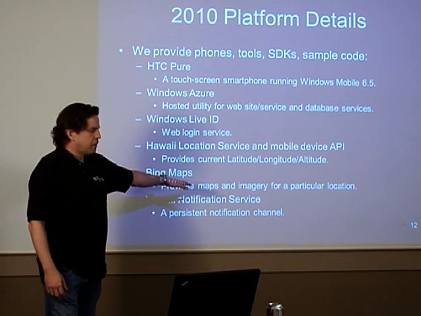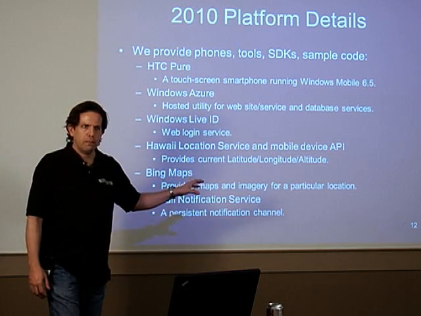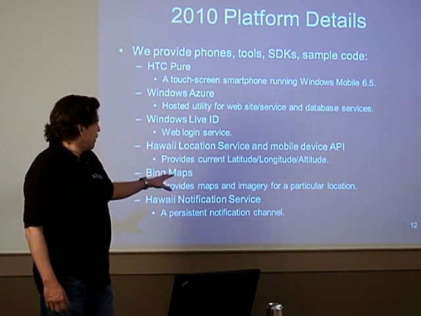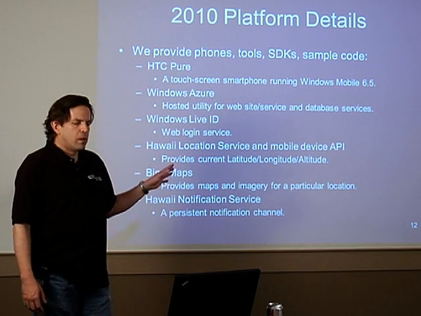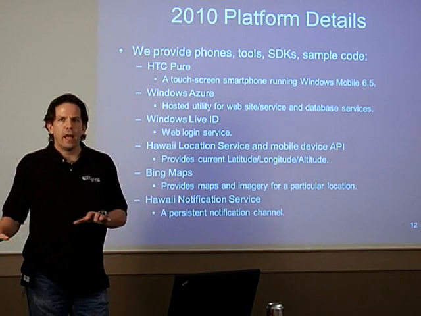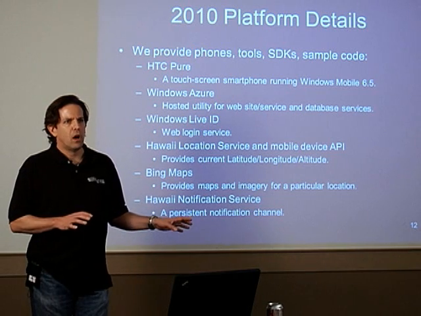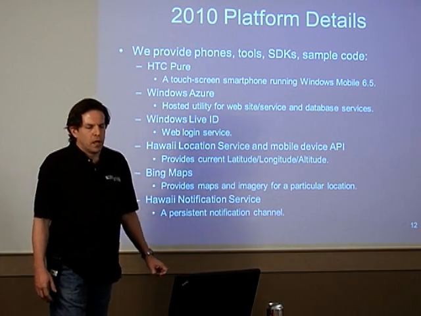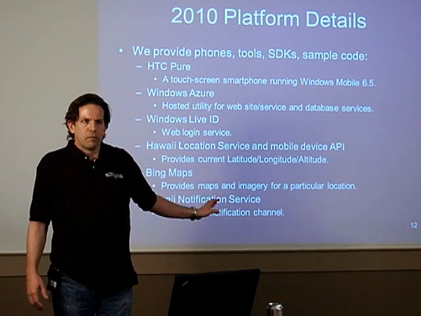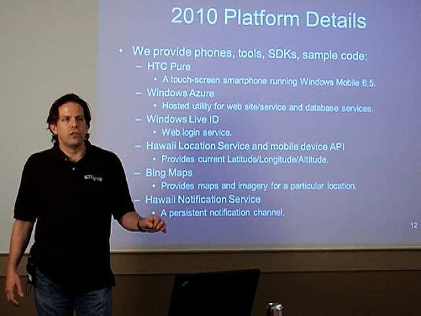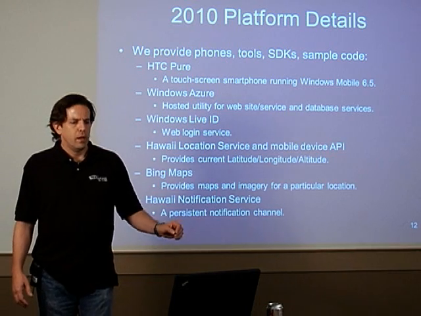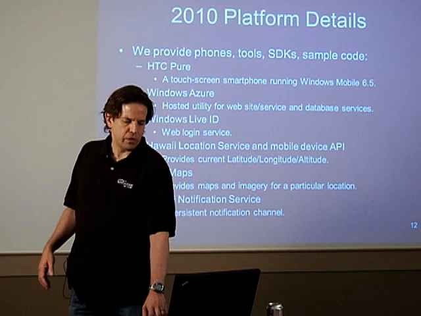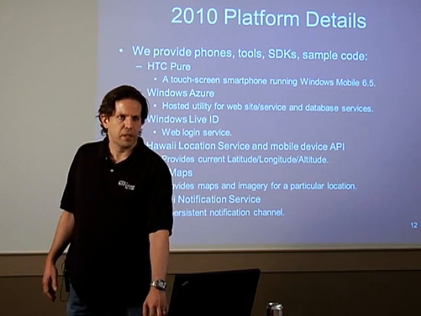Bing Maps provides map imagery for any place on the globe, and also provides conversion between, say, an address and its lat long and vice versa. And finally, there's a notification service that we wrote that provides sort of background notifications to running applications of events that happen elsewhere, which is useful in many different applications.